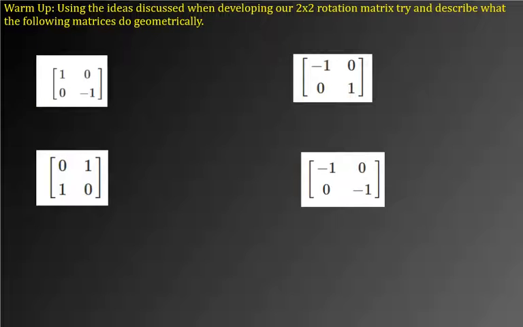In the 2x2 rotation lesson, I talked a lot about how you can interpret a matrix as just where the basis vectors, the standard orthogonal ones that you're used to, like i hat, j hat, k hat, land. And so you can use that to visualize what different matrices do.